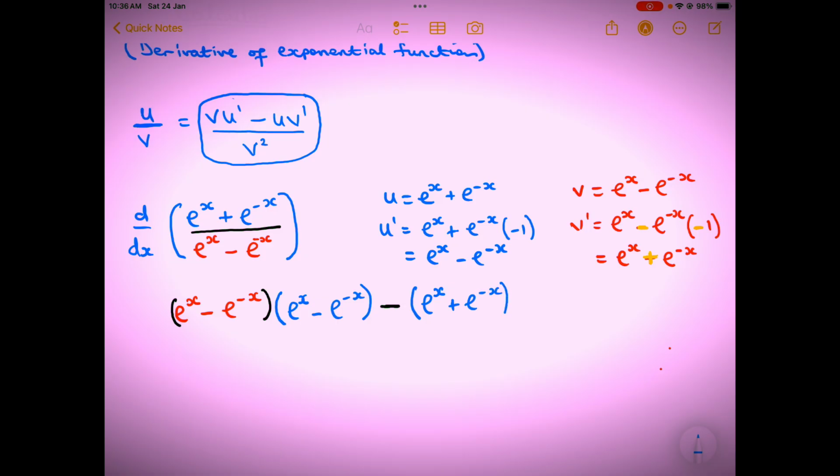Everything here now multiplies v prime. We are only putting in the formula, and my v prime is e to the power of x plus e to the power of minus x.